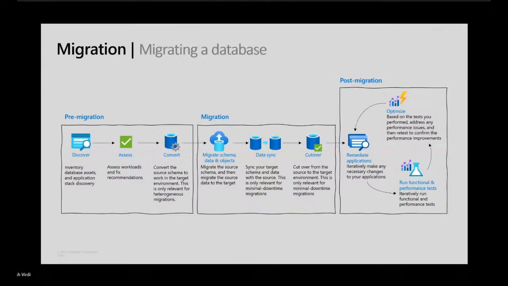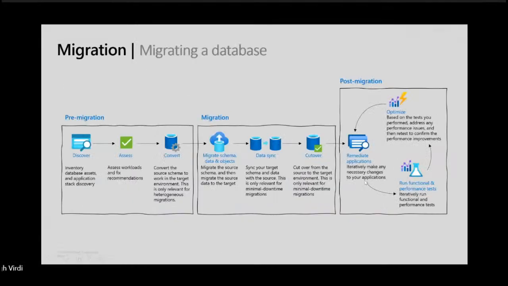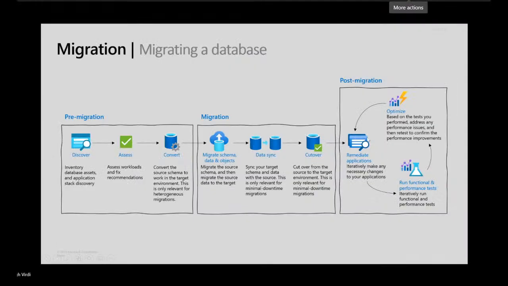So once that is done, the post migration is where we do a very iterative step, and the iteration is essentially to remediate the application of any bugs or issues, or even to optimize for that matter, right? Now, once you migrate to, for example, Postgre, there are a lot of features or extensions that can be leveraged to make sure that what you were doing in Oracle can be done in a much better optimized way, right?